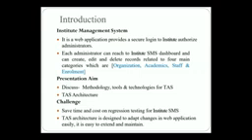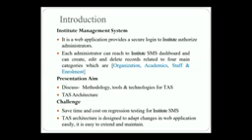Each administrator can reach the institute SMS dashboard, and then they can create, edit, and delete records. And it's among the four categories, which is enrollment, staff, academics, and organization.